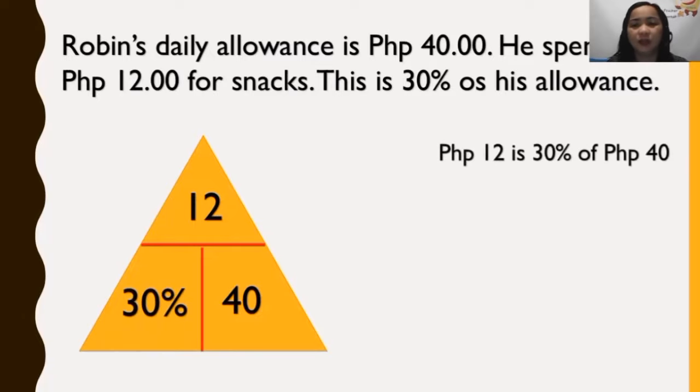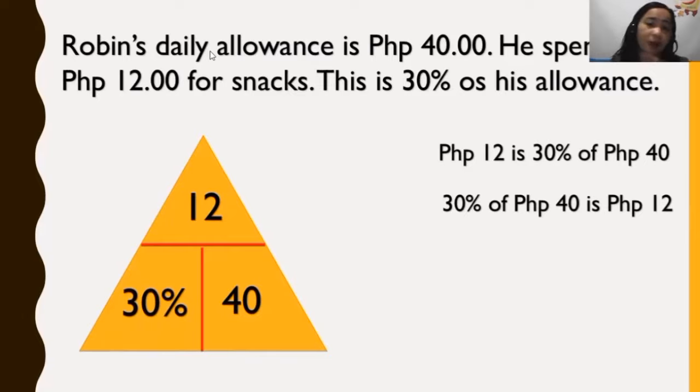Now, we can also express this as 12 pesos is 30% of 40. Ito yung simple kung paano mo siya i-rewrite. Or we could also say, 30% of 40 is 12 pesos. So, pare-parehas sila ng meaning. Kahit iba yung pagkaka-state, parehas lang sila ng meaning.